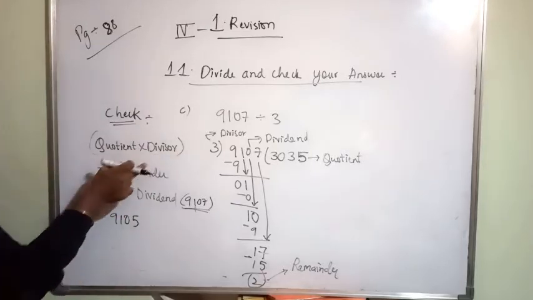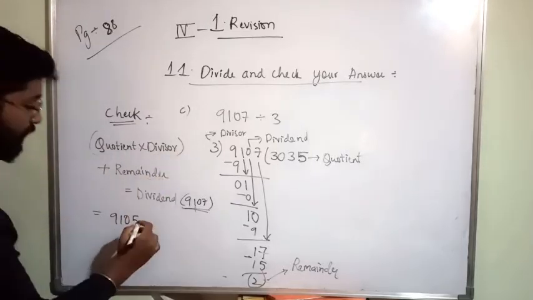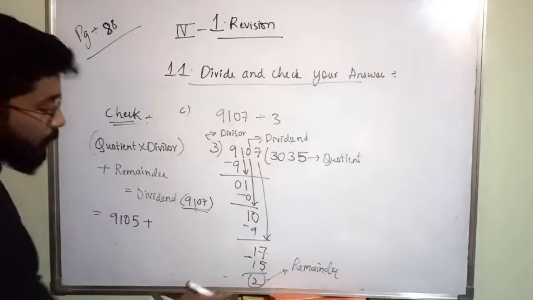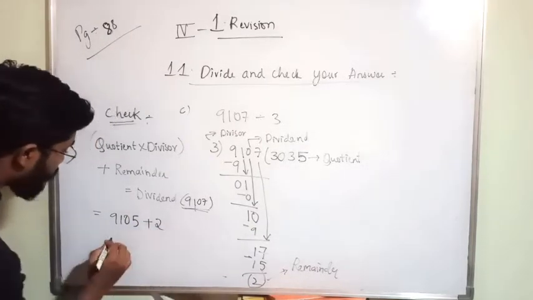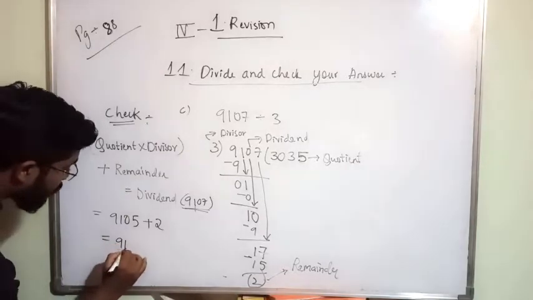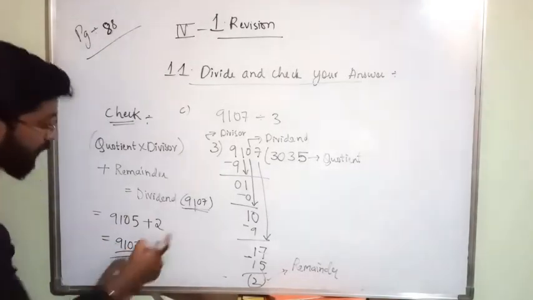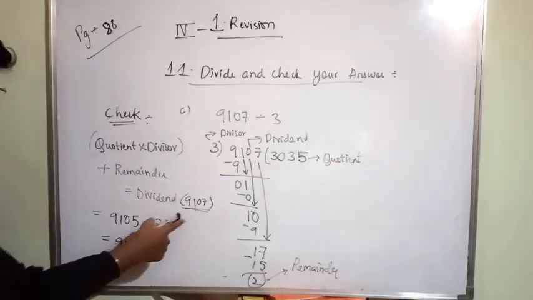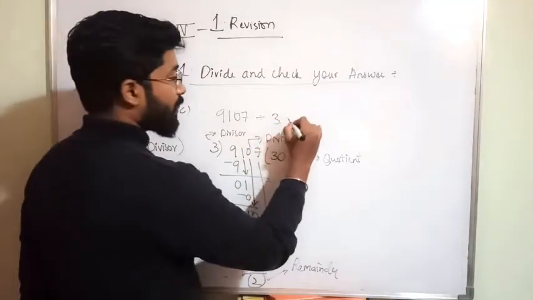For this you have to add the remainder, which is 2. So what will you get? 9107. Did you get the same number? These two are the same, so whatever process we did is correct.